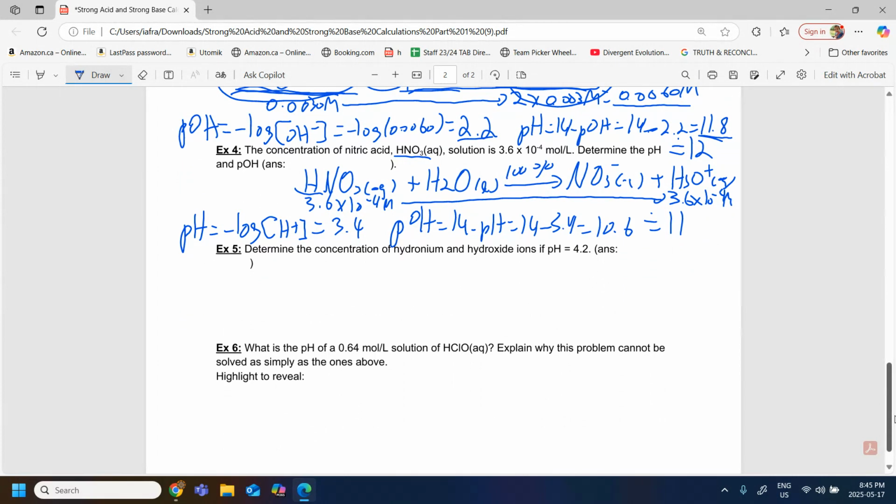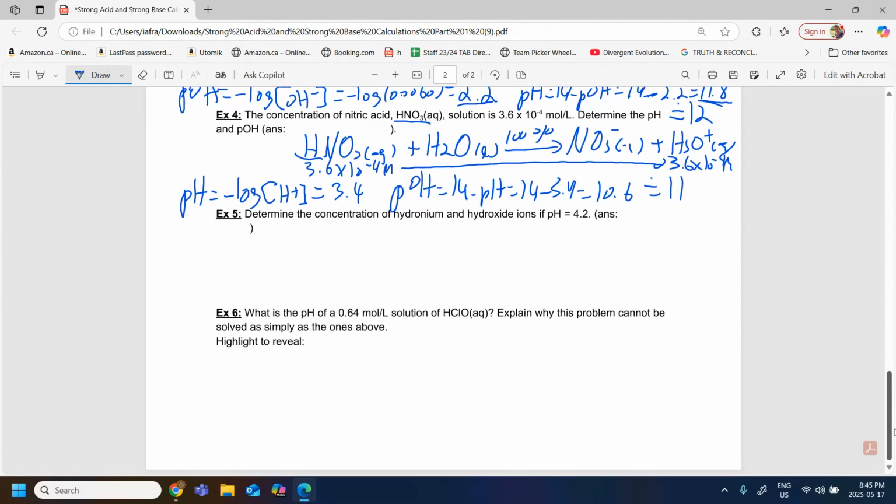All right, so let's take a look at the next question. Again, you can try it on your own, and then check your work. Determine the concentration of hydronium and hydroxide ions if the pH of a solution is 4.2. So we know that if you want to find the concentration of H3O plus, you can do 10 to the negative pH.